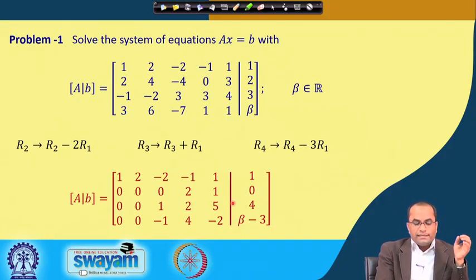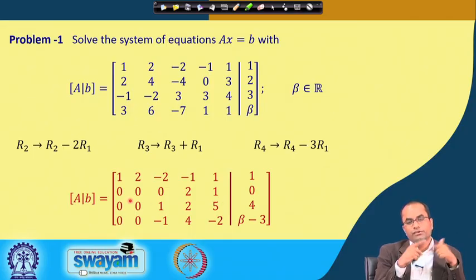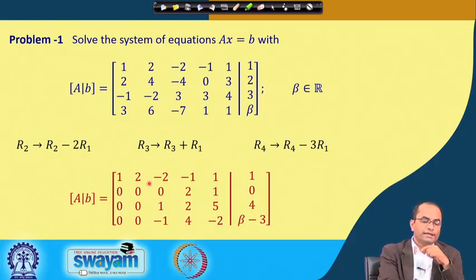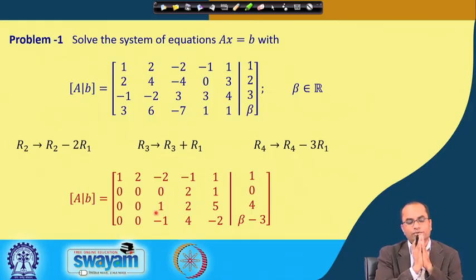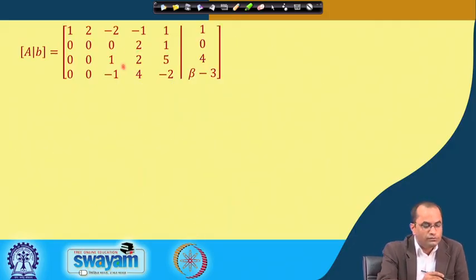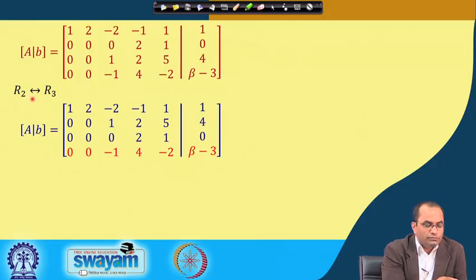So, now what we realize here is that if we interchange the two equations, R2 and R3, we will already get a 0 at this place, and then we can set the other one also to 0 to make R3 zero. So, looking at this, we will interchange these two rows R2 and R3 now. We will automatically, without much effort, have this structure. So, we have now 1 here, and now the aim is to make everything 0 below it.